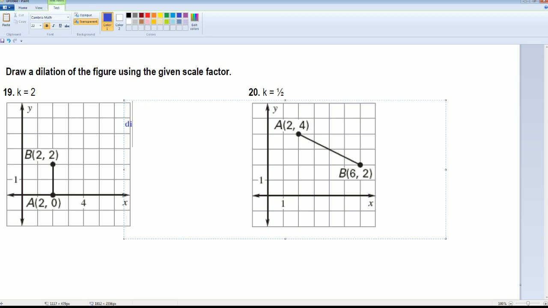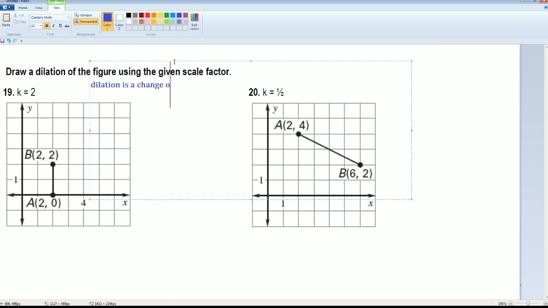If you look at your core concept, a dilation is a change of an object's size. You could go from a reduction where it gets smaller, or you could get an enlargement where it gets bigger.